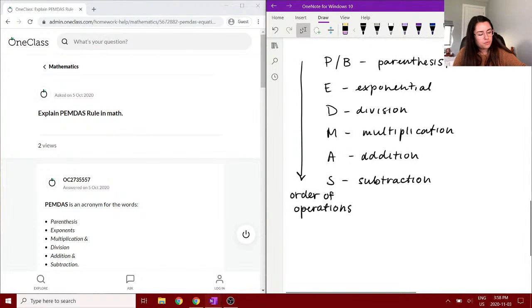So, yeah, the multiplication, division, and the addition and subtraction, these can be interchangeable with each other, so you can do them in whichever order they appear first. So I'm going to say that the order doesn't matter for these two. So that means if you have multiplication before division or division before multiplication, it doesn't really matter.